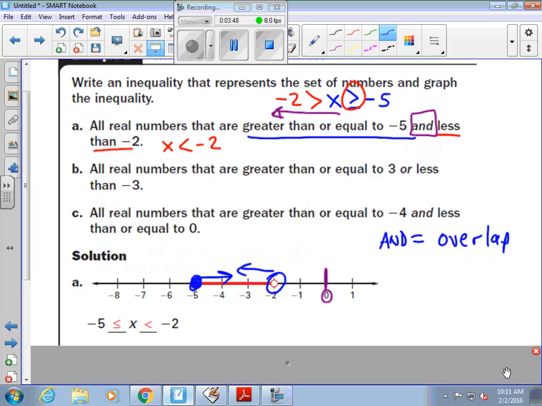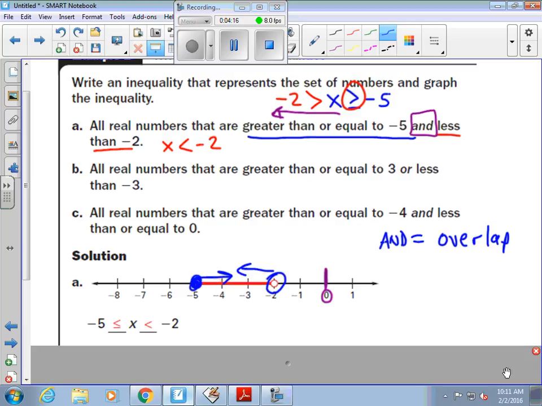And notice it's written backwards of everything that we have up there, but it says the same thing. The big mouth is still eating the appropriate number. The big mouth is still eating the -2. And if you look at the other side, it's still eating the x, not the -5. And the reason it's written that way is to put the smallest number first, to where they're counting from small to big.